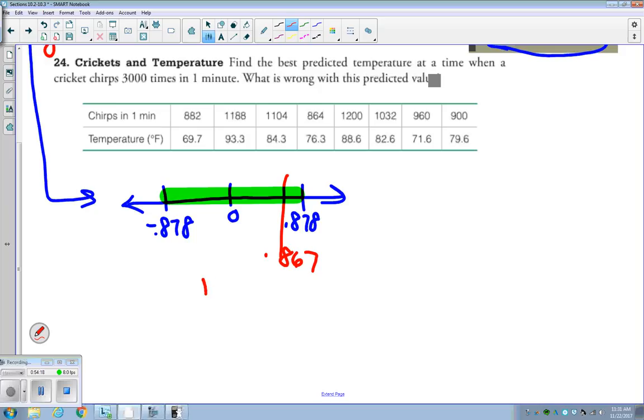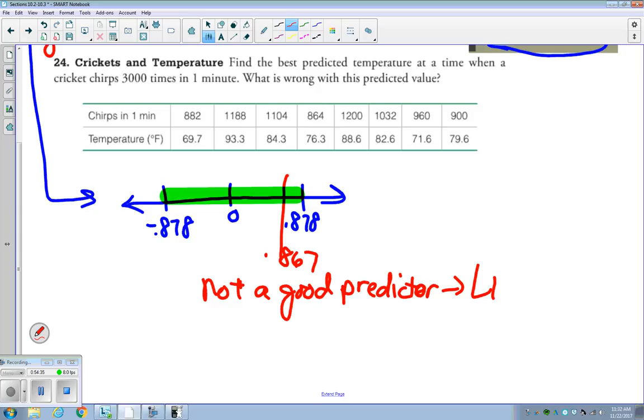And I shouldn't say no relationship. I should say not a good predictor for the linear regression. So it's not a good predictor.